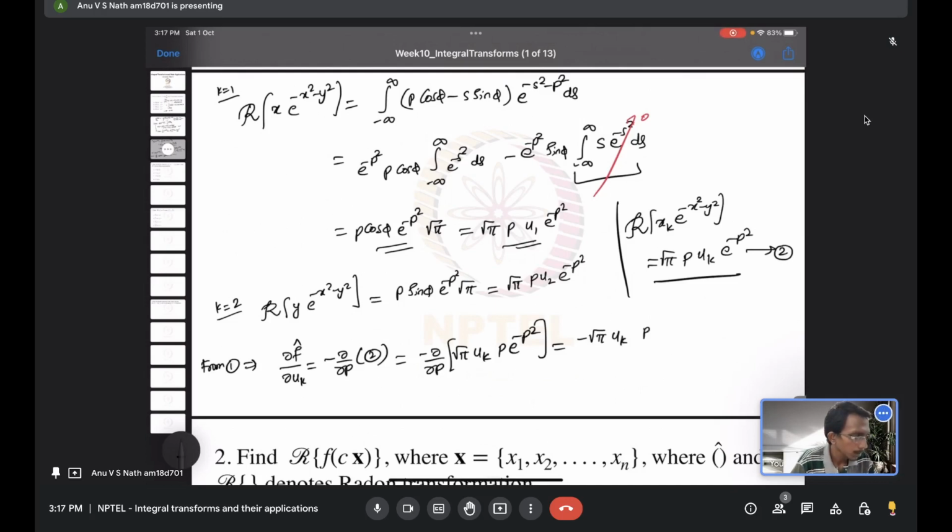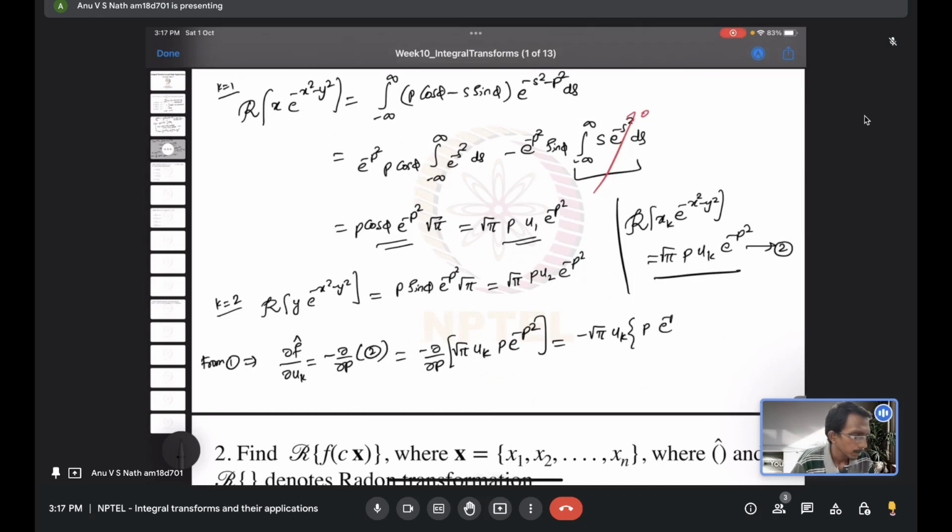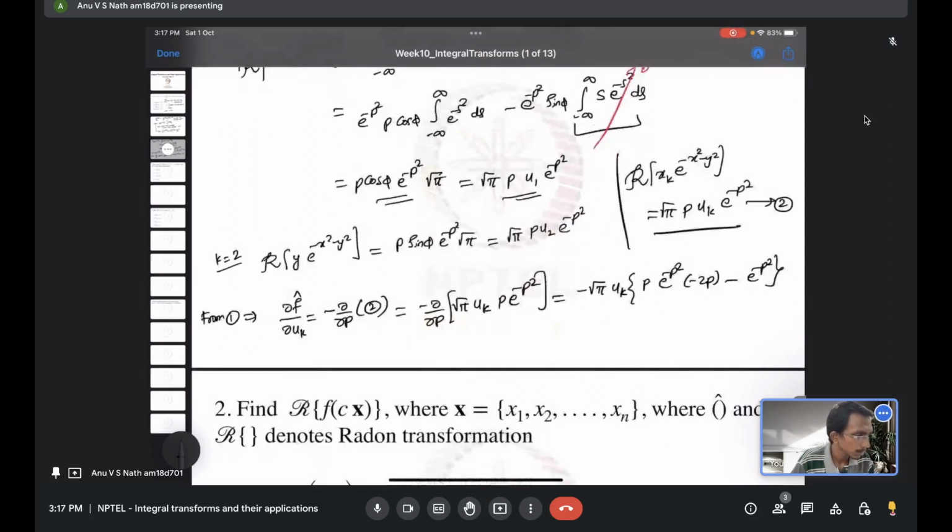It will be p exponential of minus p squared times minus 2p, minus exponential of minus p squared, plus... I can simplify this to root pi uk exponential of minus p squared times 2p squared minus 1.